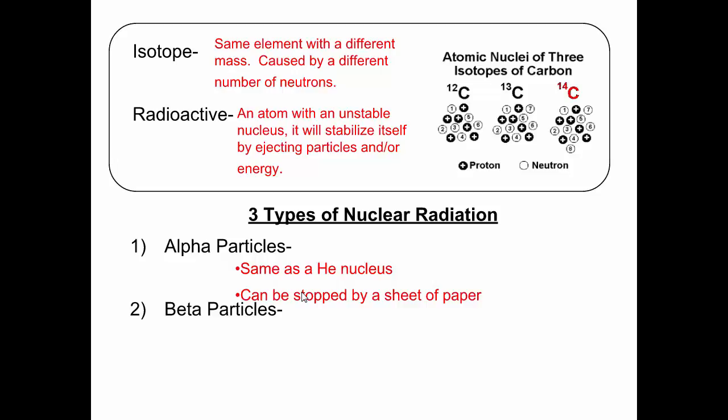A single sheet of paper can block alpha particles from penetrating. These were named in order of their ability to penetrate, alpha particles having the least ability to penetrate. When we are writing the symbol for an alpha particle, this is what we write: helium 4, 2. 4 being its atomic mass, 2 being its number of protons.